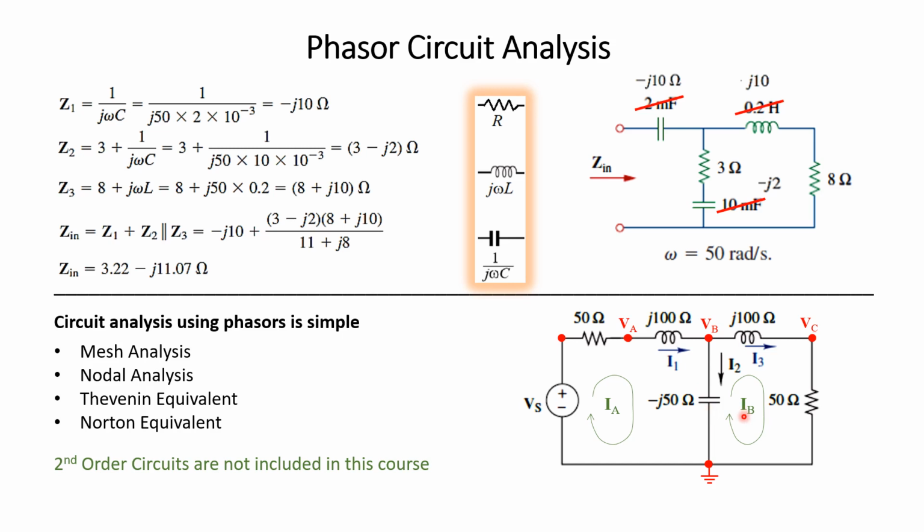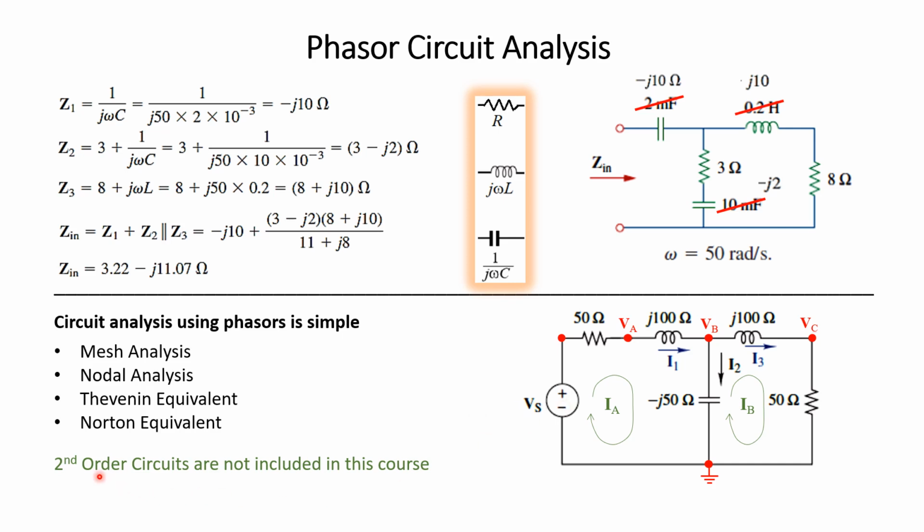Later you will learn that we can write the mesh equation and node equation directly in the time domain, and it will be a third order differential equation, and we can solve it directly in the time domain. But analyzing the circuit with phasors is extremely easy as compared to analyzing it directly in the time domain.